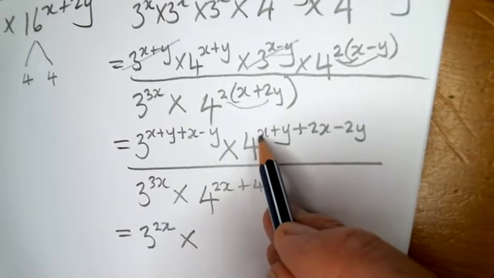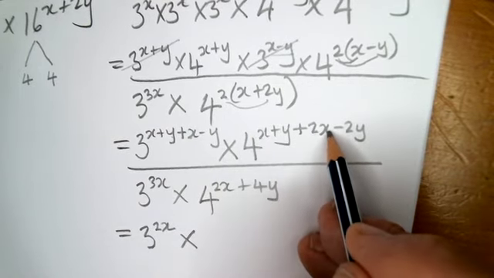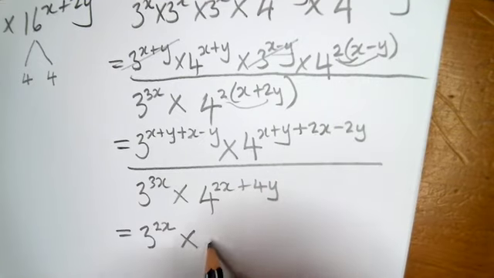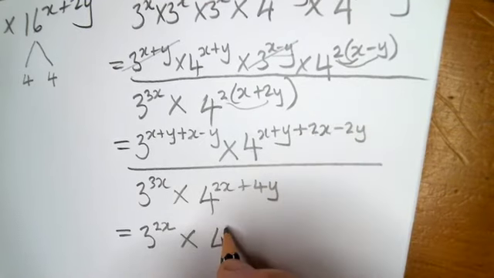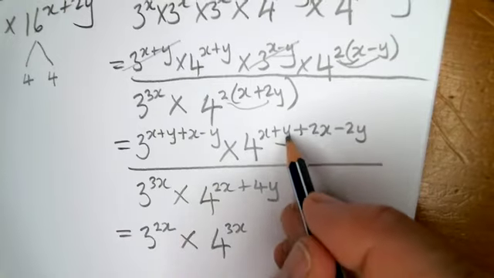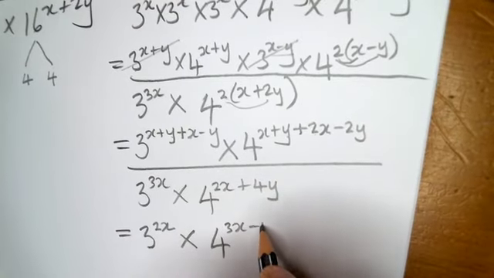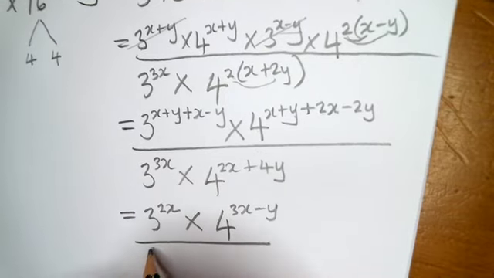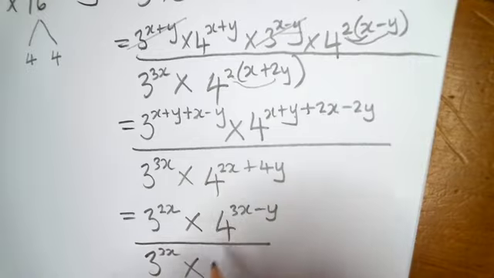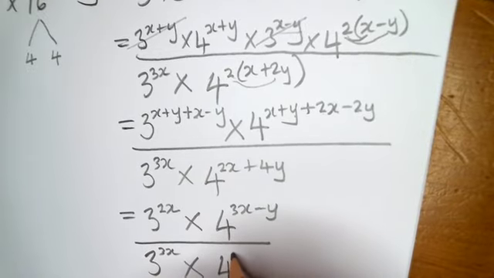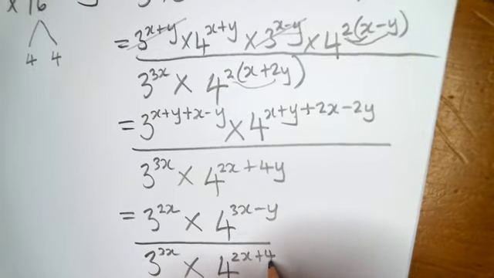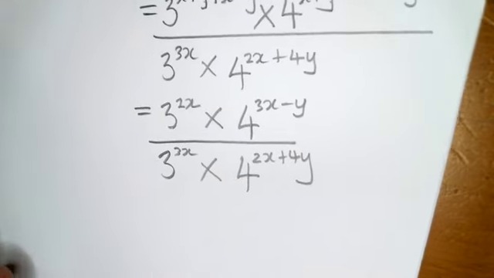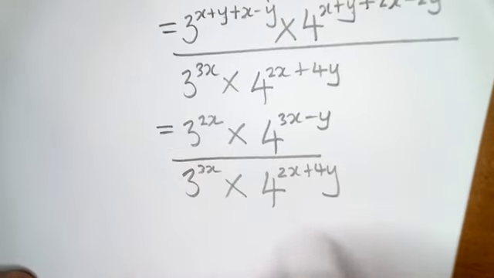Now I've got an x and a 2x, which is a 3x, so it's going to be 4 to the 3x, and a y minus 2y is minus y. And that's all over 3 to the 3x times, and I'm just going to leave this the way it is, 4 to the 2x plus 4y. All right, hopefully we got this right so far. If we haven't, we're going to be in deep trouble.